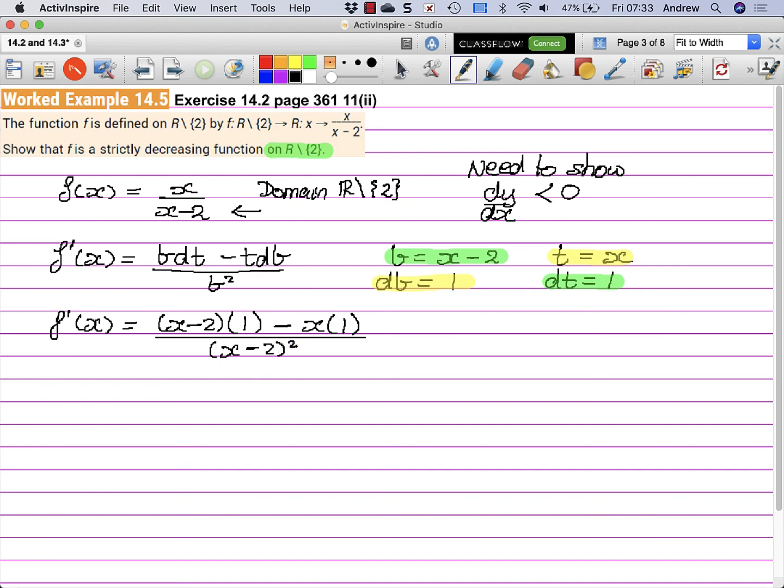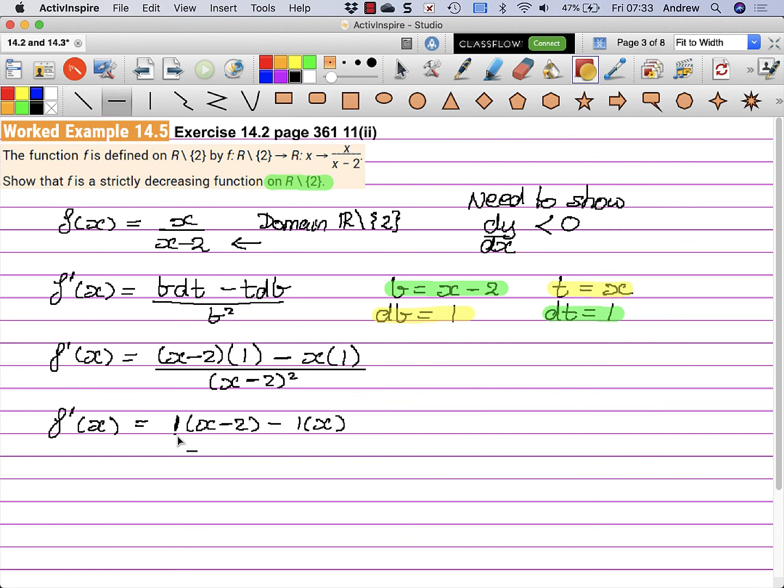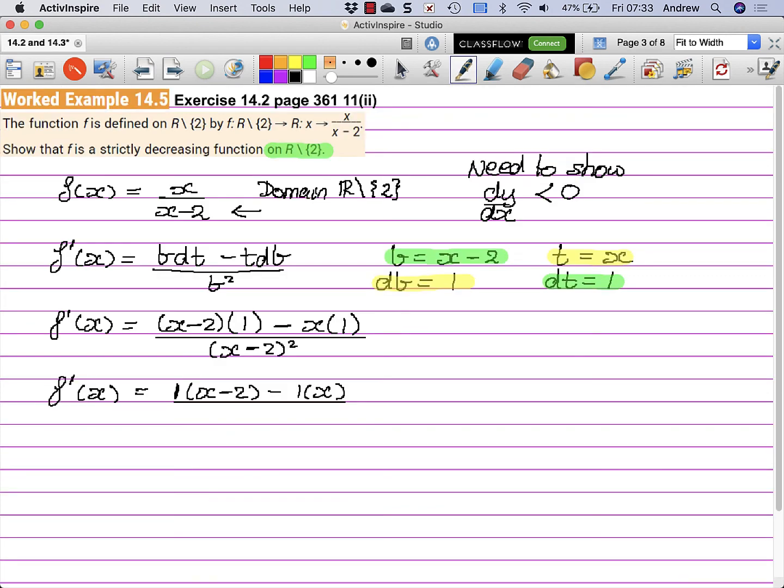I'm going to rewrite that formula and bring the numbers to the front. So it's 1 on x minus 2 minus 1 on x all over the bottom to be squared. And the bottom to be squared is going to be x minus 2 all squared.